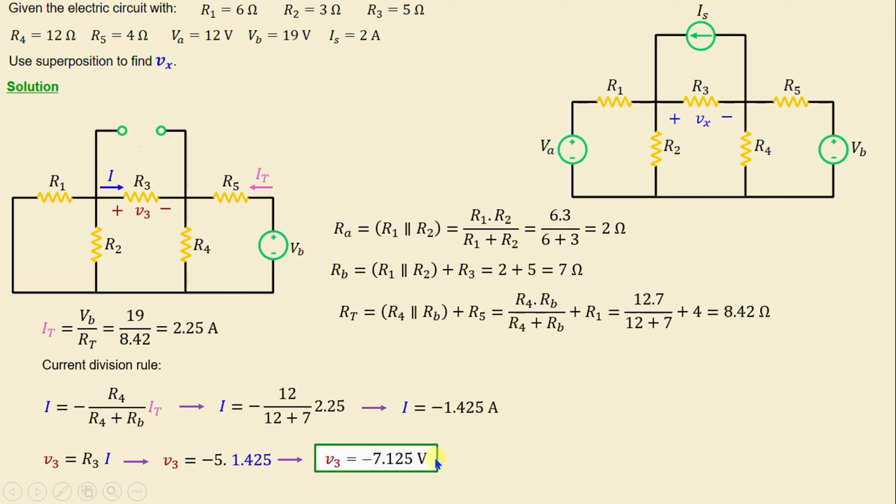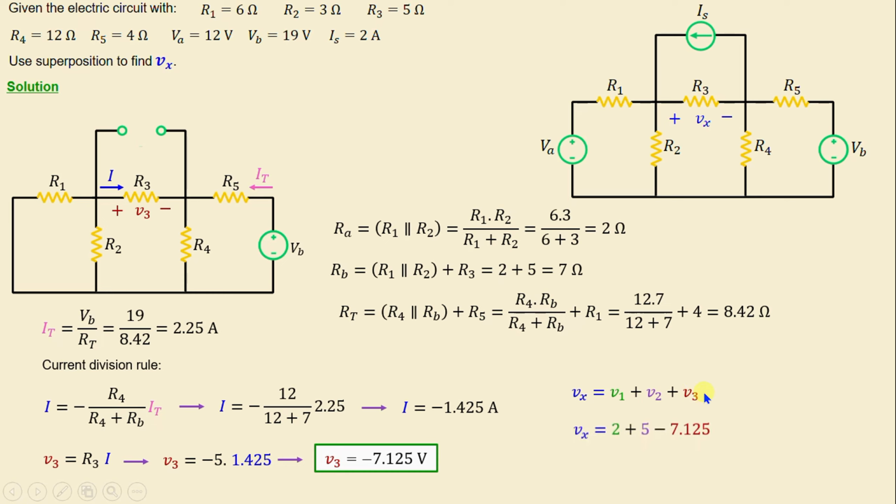After completing the analysis for each independent source while treating the others as turned off, the next step is to combine the results algebraically. This process enables us to determine the overall circuit response. That means the voltage across the resistor R3 is equal to V1 plus V2 plus V3.